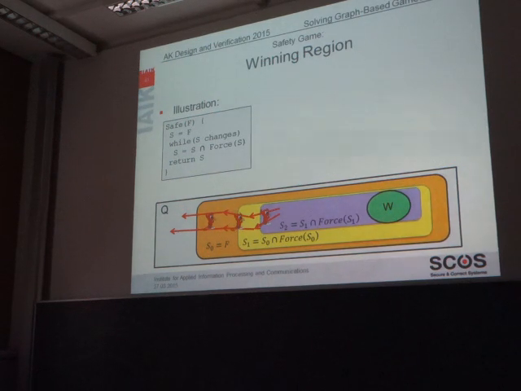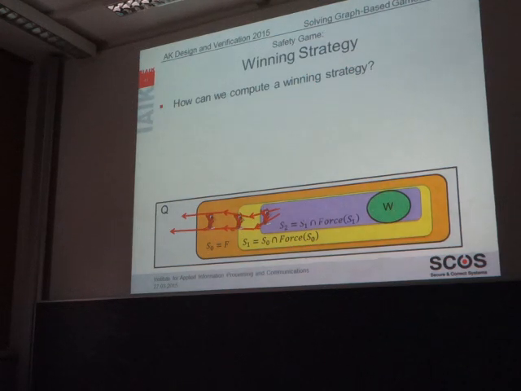Now the same question, how can we compute a strategy that makes sure that we never fall out here into this region of unsafe states? This may not be so easy, or actually it is, but not so easy to see. Stay in green, always.